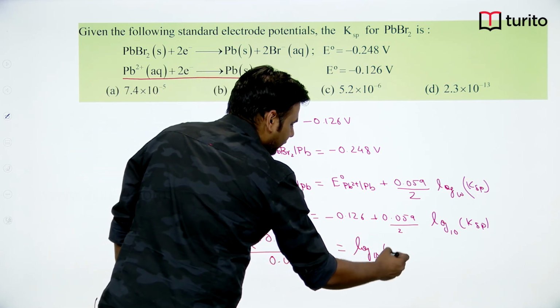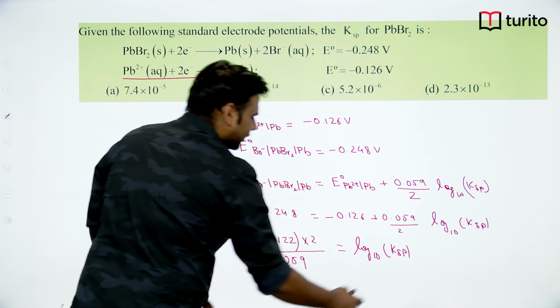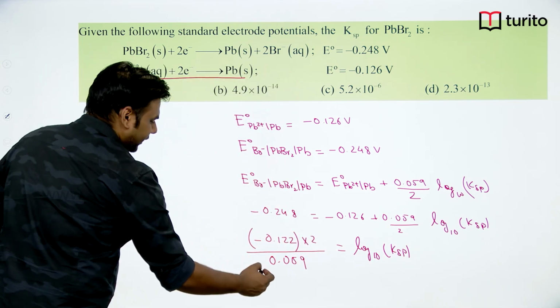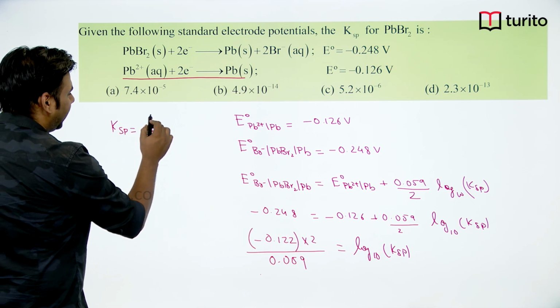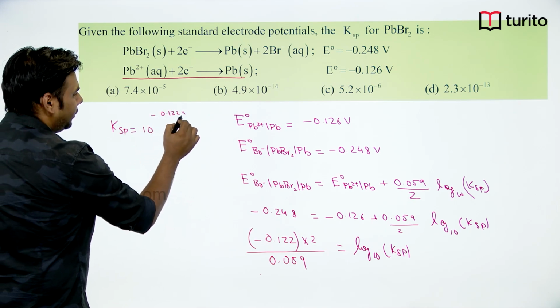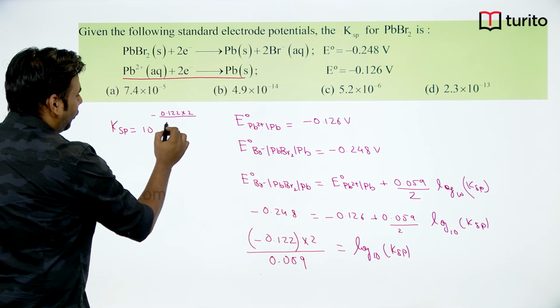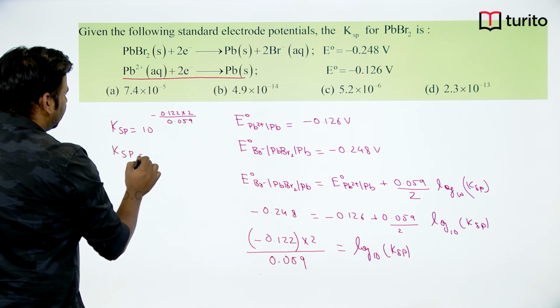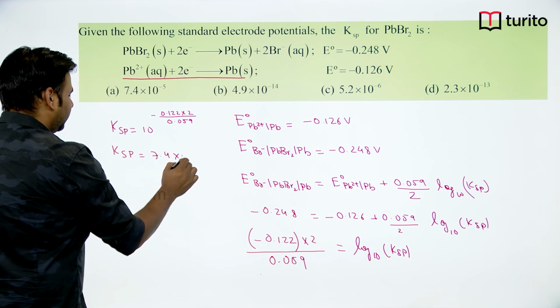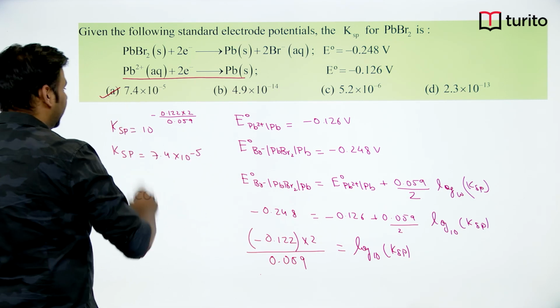Just calculate the Ksp. So Ksp would become 10 raised to minus 0.122 into 2 divided by 0.059. I think when you calculate this, A is the answer.